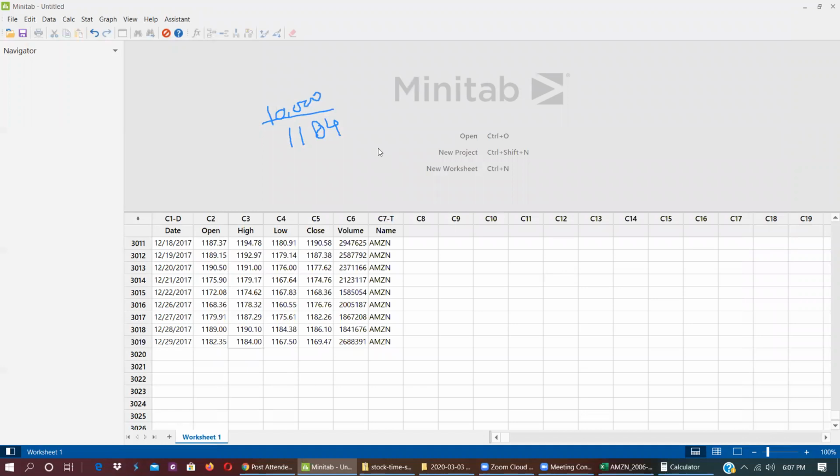So if I have $10,000 and I buy Amazon shares, how many shares can I get? 8.445 shares.